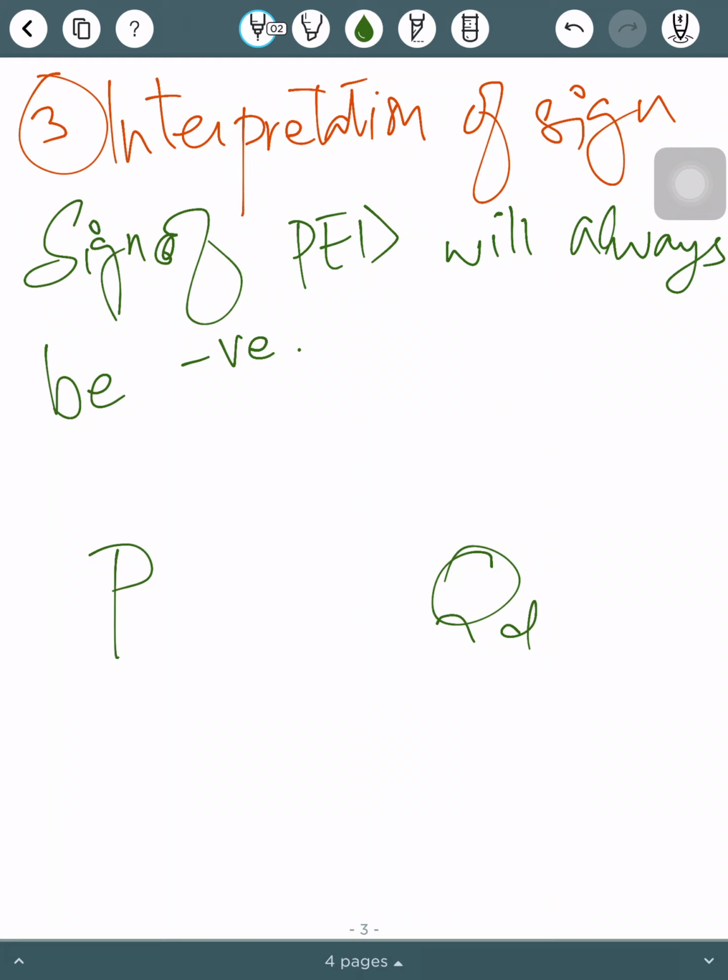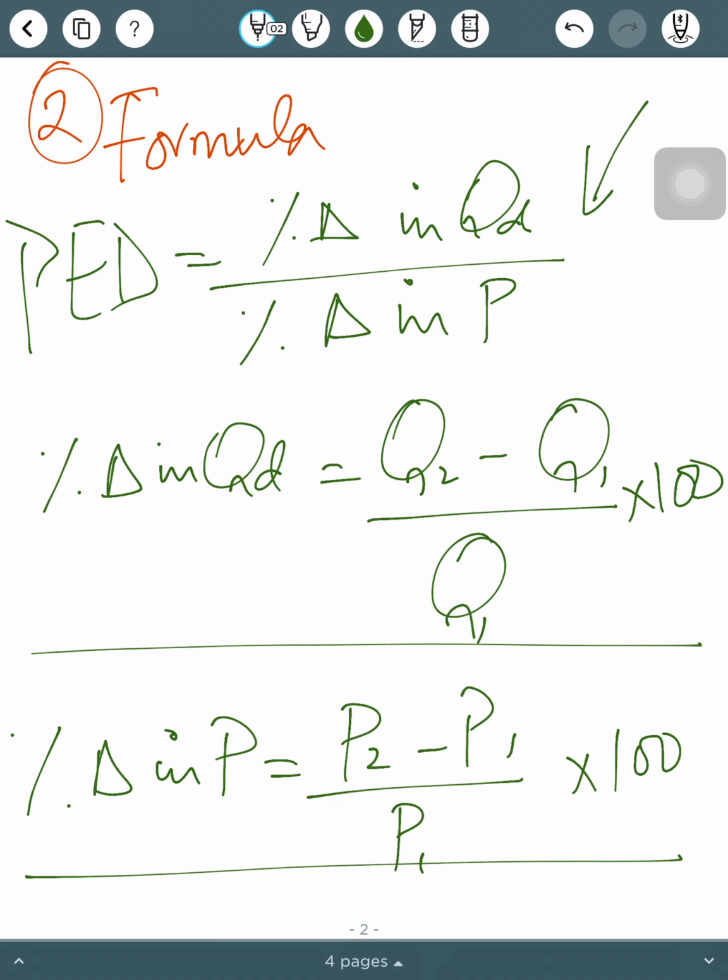So if the price of a product has a positive change, the quantity demanded will have a negative change. The price of the product goes up, the quantity demanded goes down, and if the price goes down, the quantity demanded of the product goes up. So in this formula, either we will have a positive change in the numerator and a negative change in the denominator, or a negative change in the numerator and a positive change in the denominator. In both cases, the answer will always be negative.